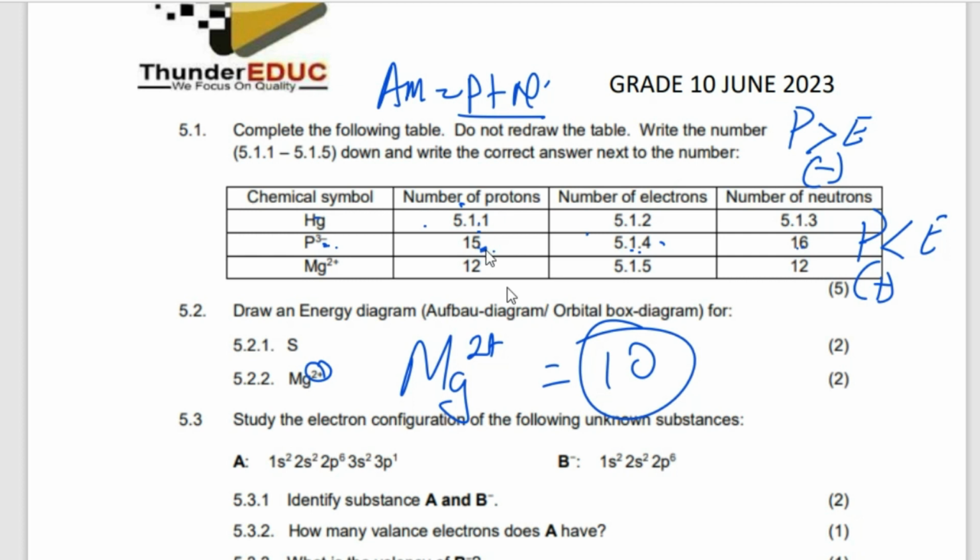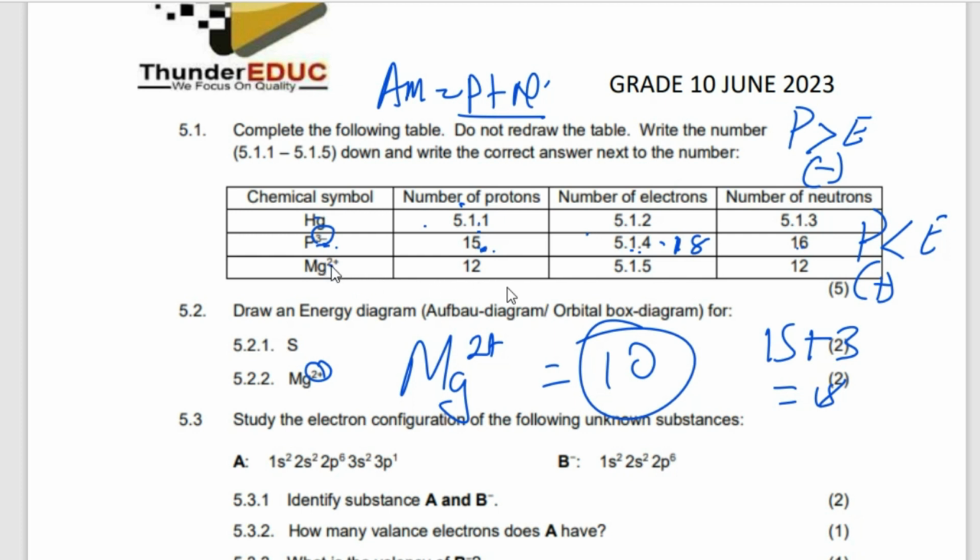This one has a negative 3, meaning that it has gained 3 electrons, so 15 plus 3, the answer here is going to be 18. You understand?